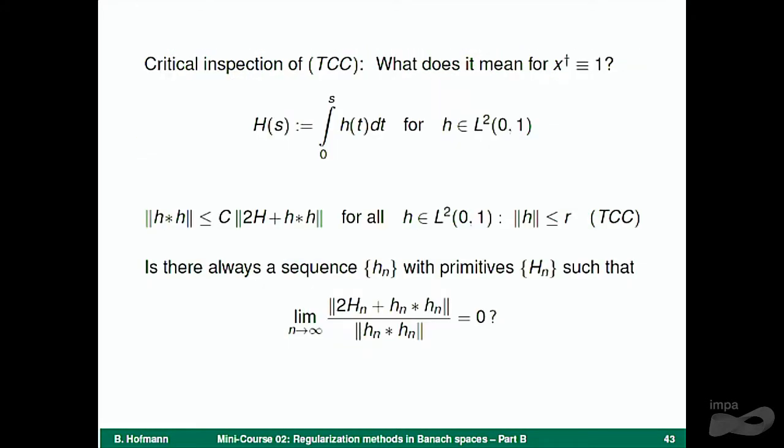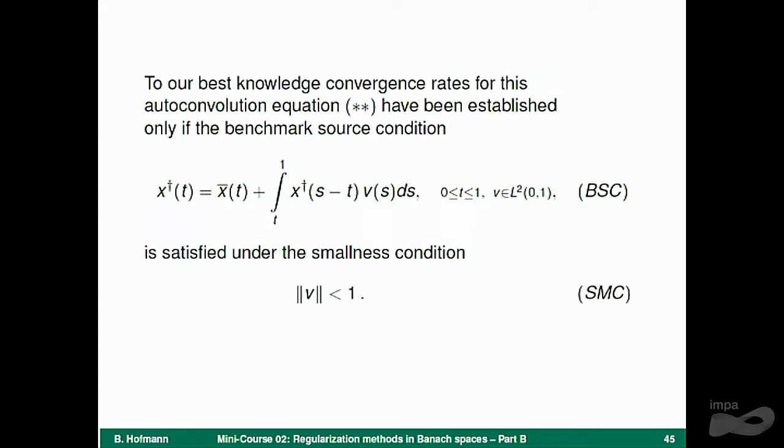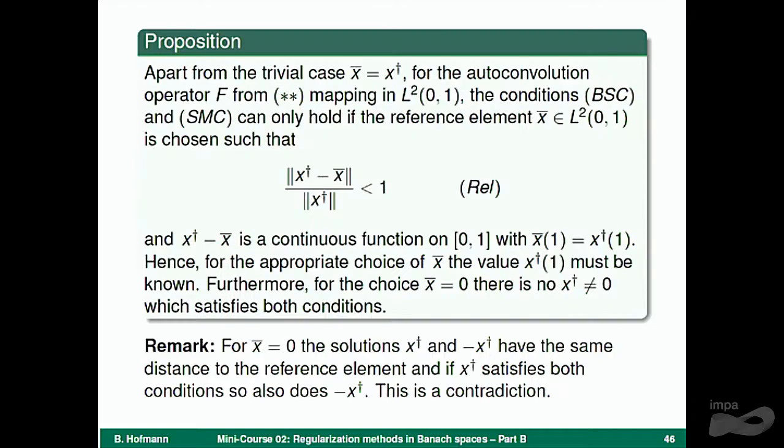If the nonlinearity condition is only the simple one, you cannot apply the approximate source technique. So you must try to solve the benchmark source condition plus the smallness condition, and there is a hope that this works. Otherwise, you have no rate, in the simple situation of autoconvolution in Hilbert space.